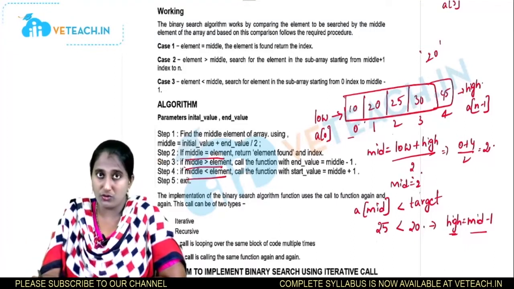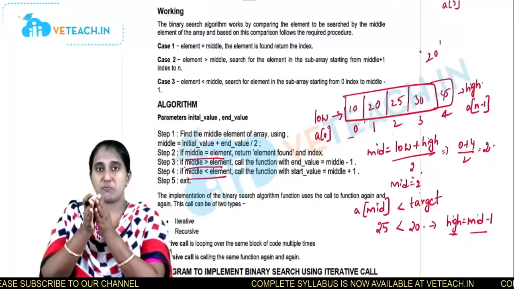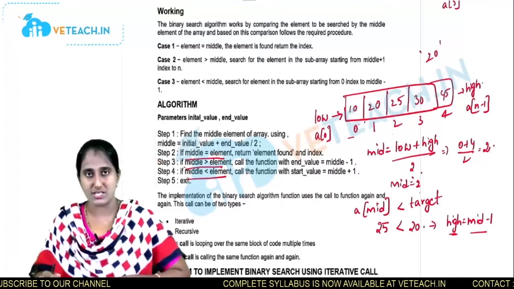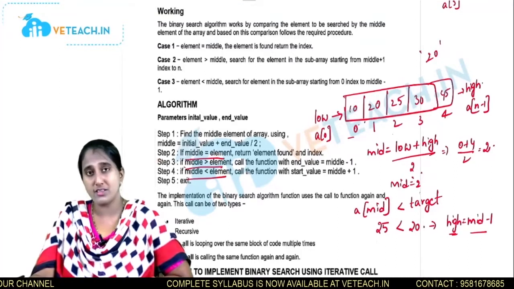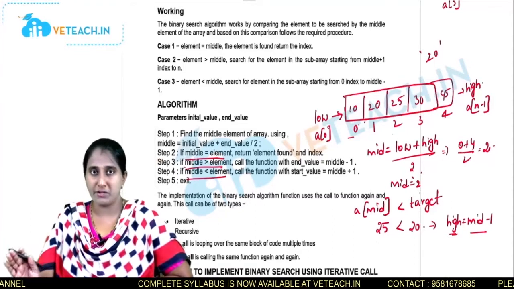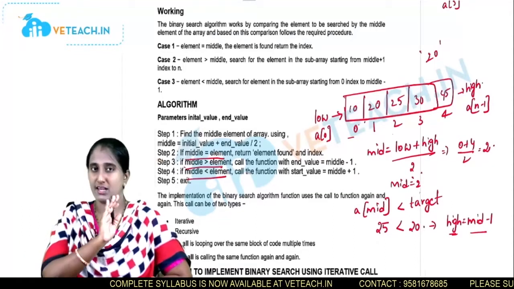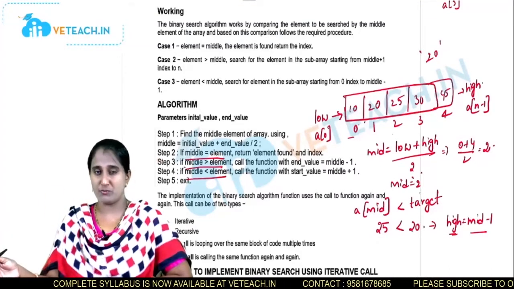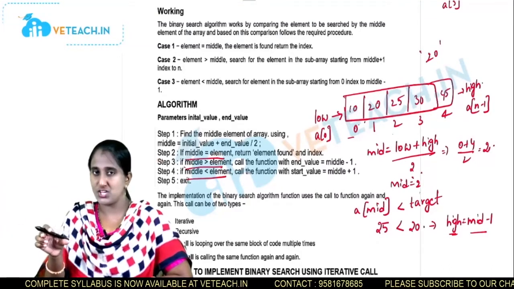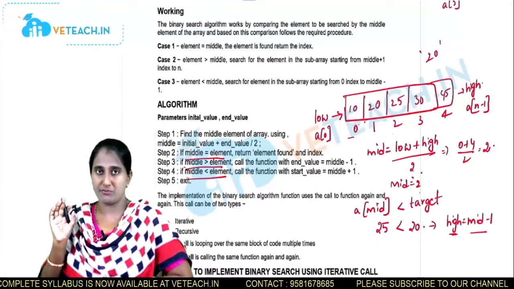What we are doing is splitting the array into two parts. How do we split the array? By calculating the mid value: by taking the lowest position and the n minus 1th position, we calculate the average, and then we get the mid position.